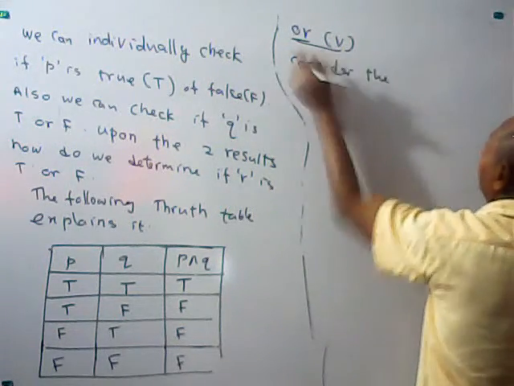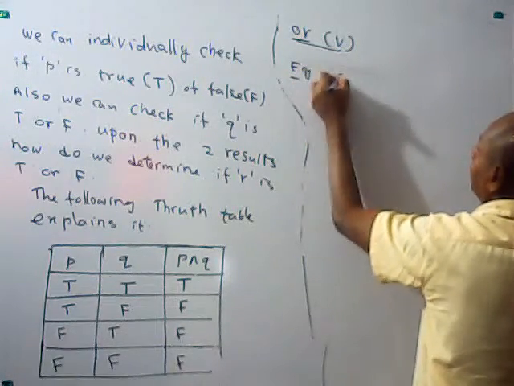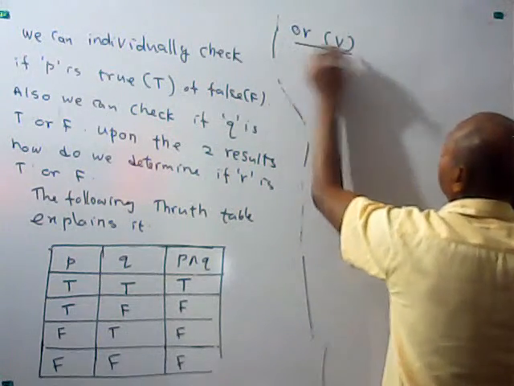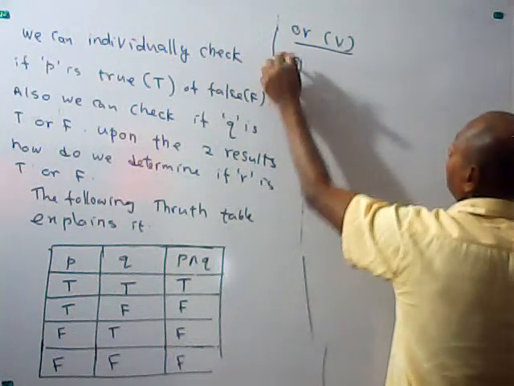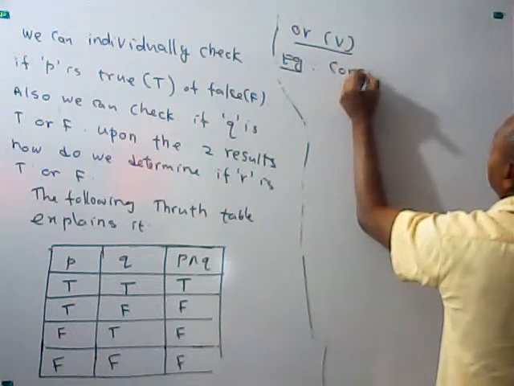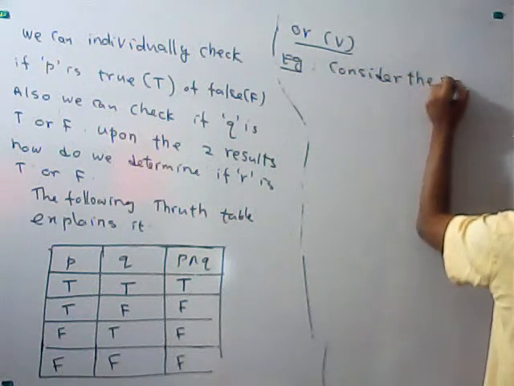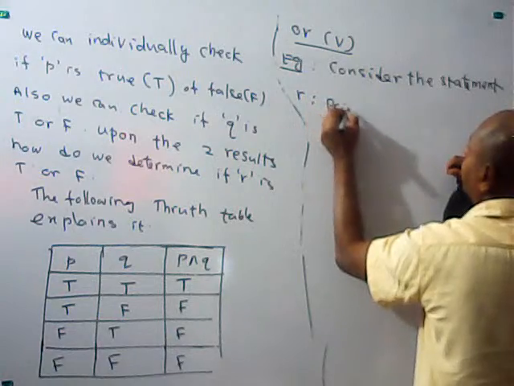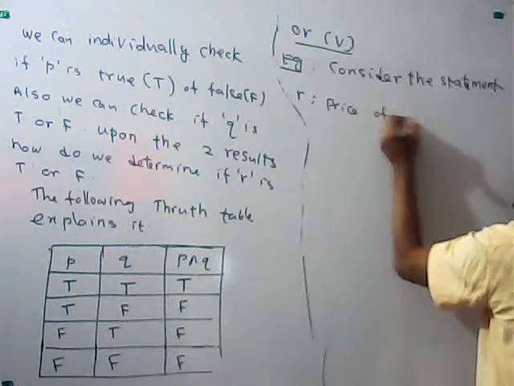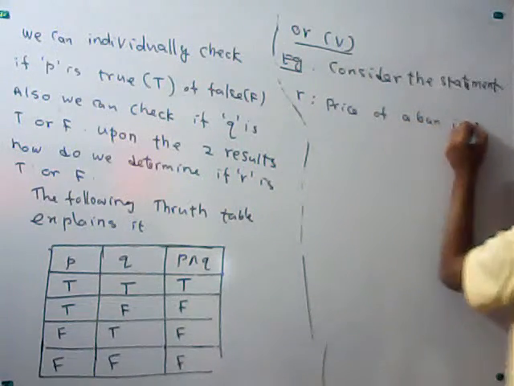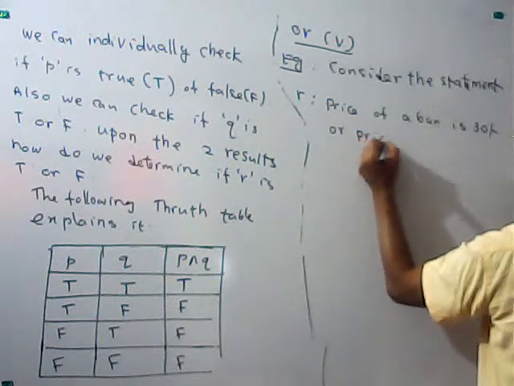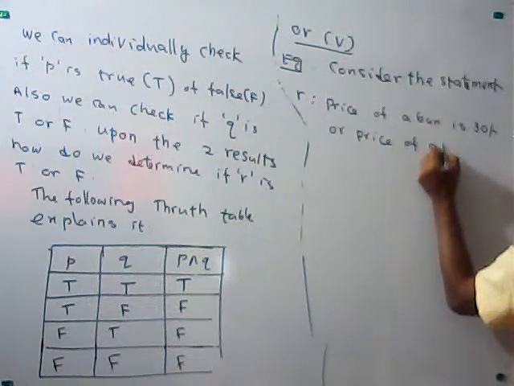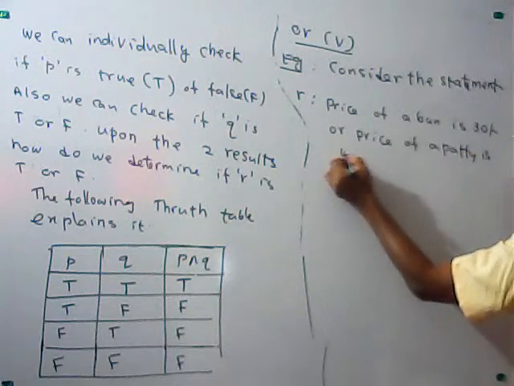Consider the statement. Circular says the price of a bun is 30 rupees or the price of a patty is 40 rupees, right?